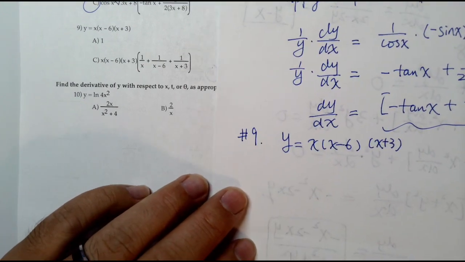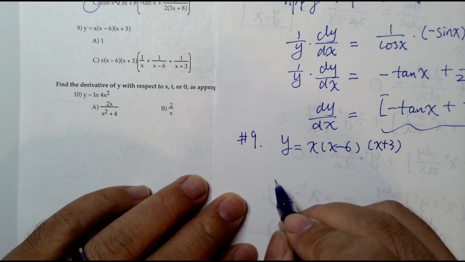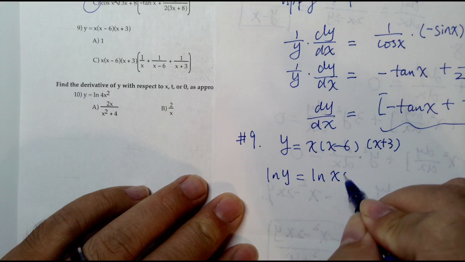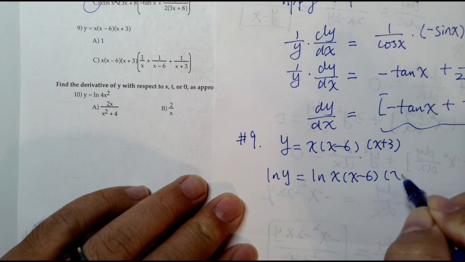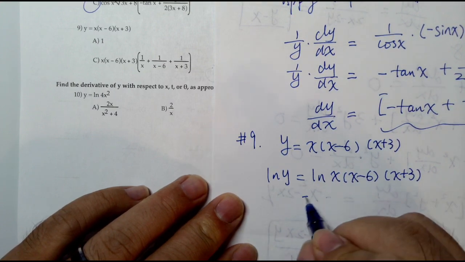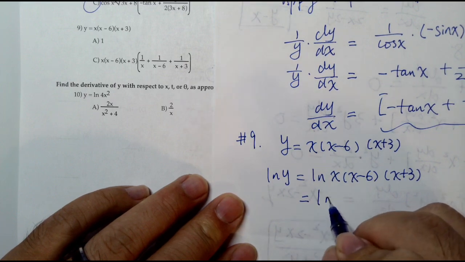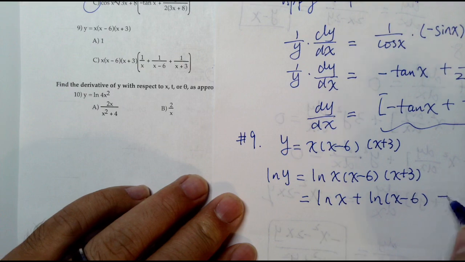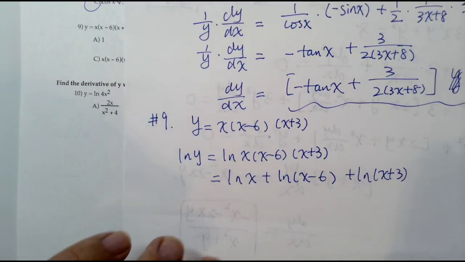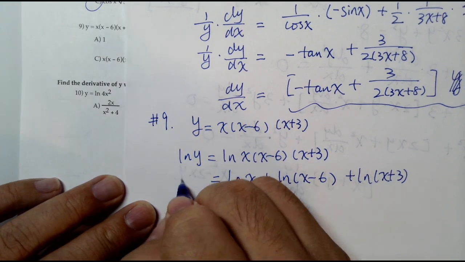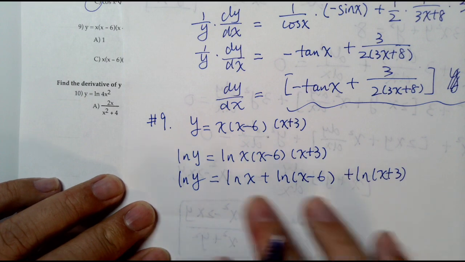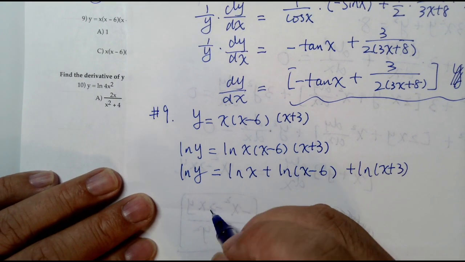And so if we apply the natural logarithm on the right hand side, based on the property of the natural logarithm, and then we take the derivative with respect to x.